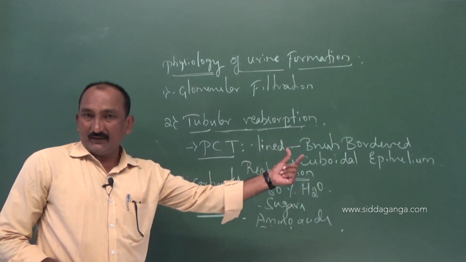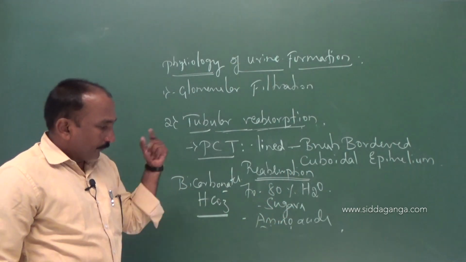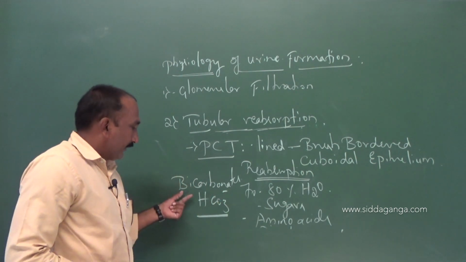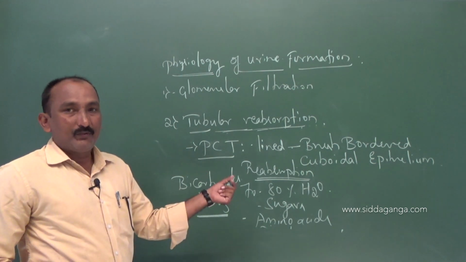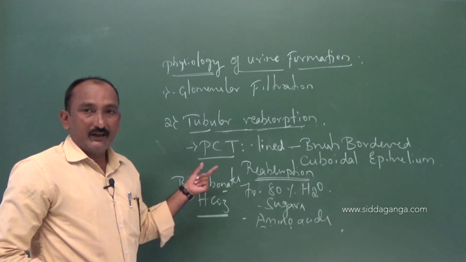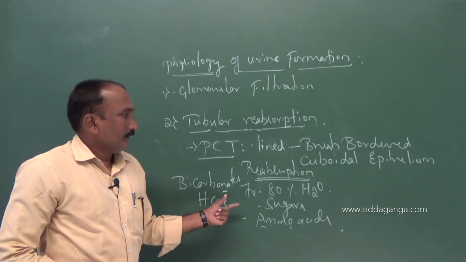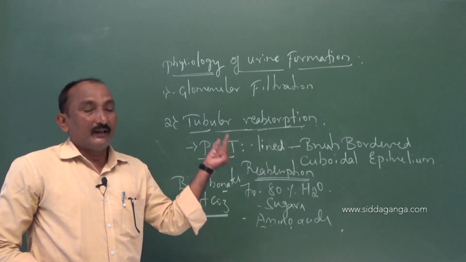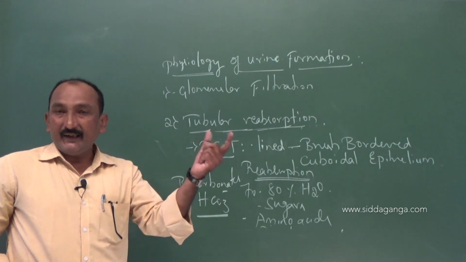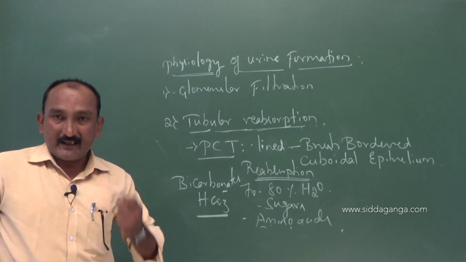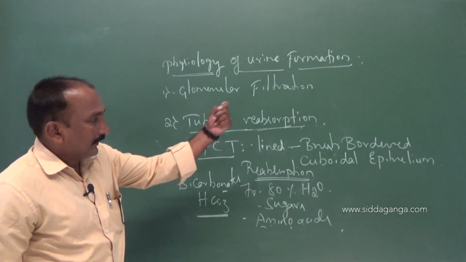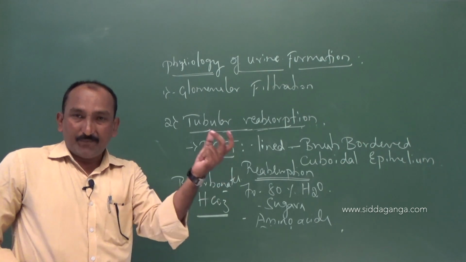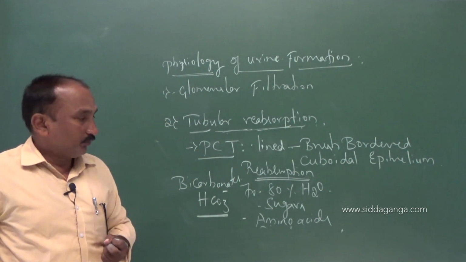So, what are the molecules reabsorbed by the proximal convoluted tubule? About 70 to 80% of water will be reabsorbed. Sugars, amino acids, even the bicarbonates are reabsorbed within the proximal convoluted tubule. It is lined by brush bordered cuboidal epithelium that increases the surface area of reabsorption.